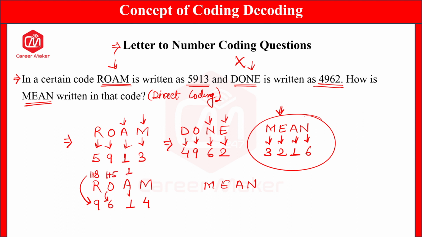As A is single, it is written as it is. M is 13, so 3 plus 1 is 4. Similarly, E is 5, A will be 1, but N is 14, 1 plus 4 means again 5. So that will be your code of Mean: 4515. So I think it is clear how to identify where to use logic and where to identify direct coding.